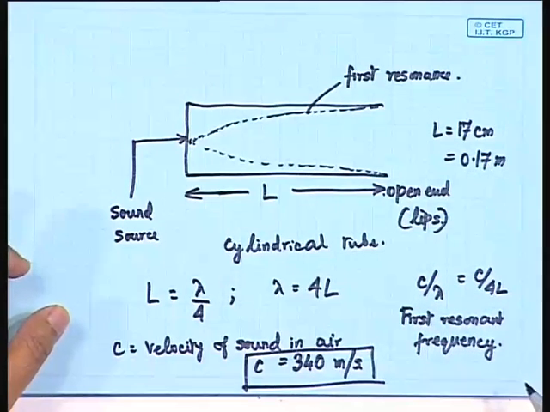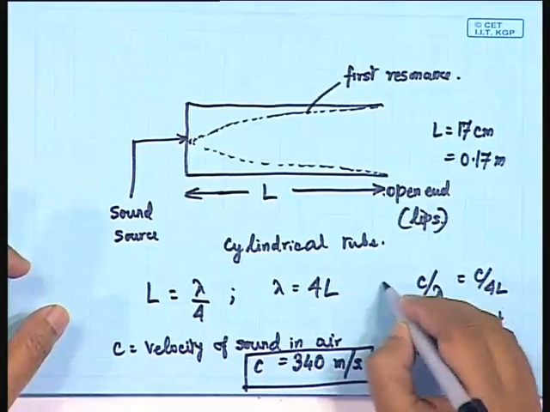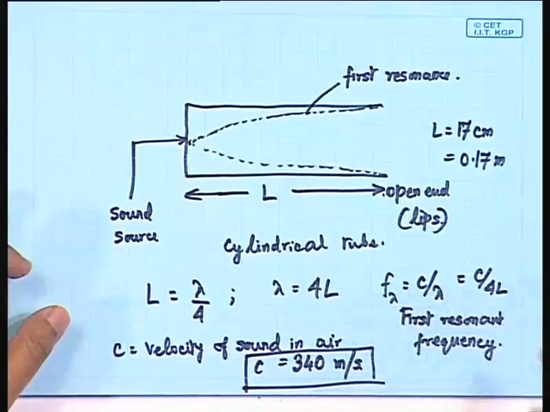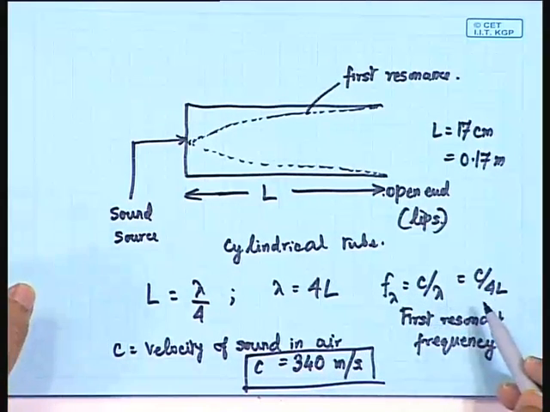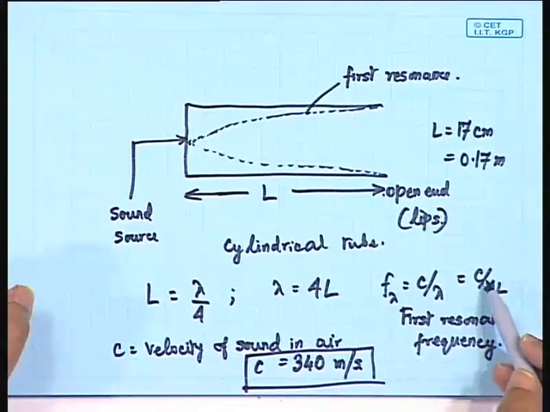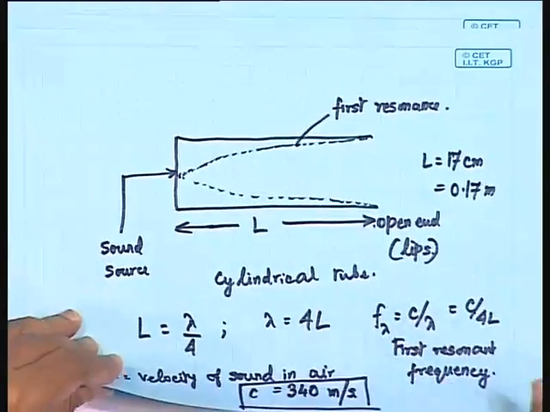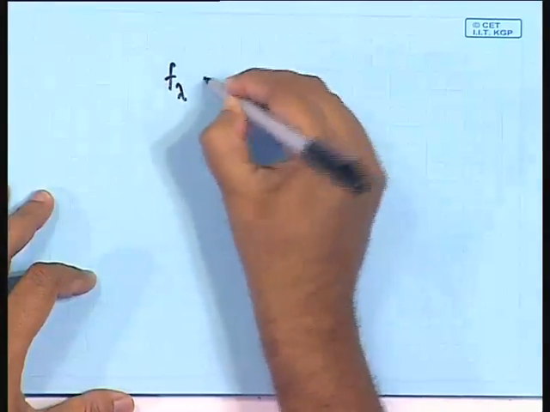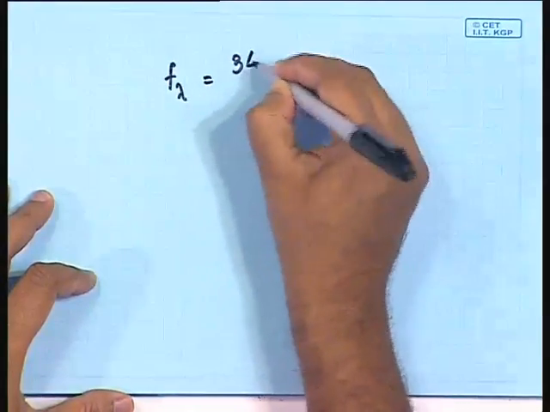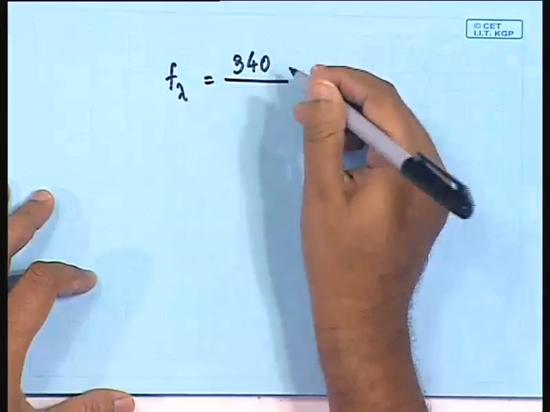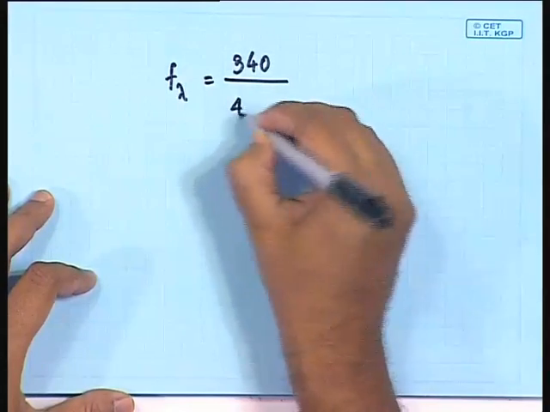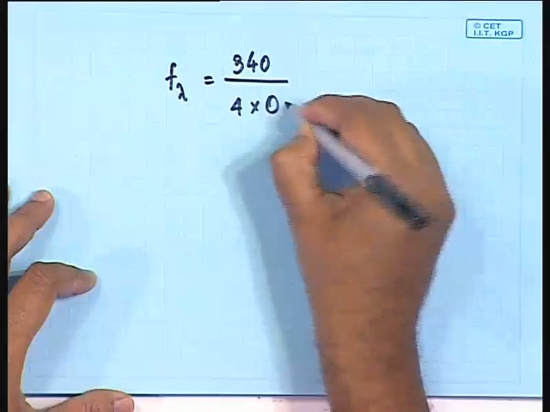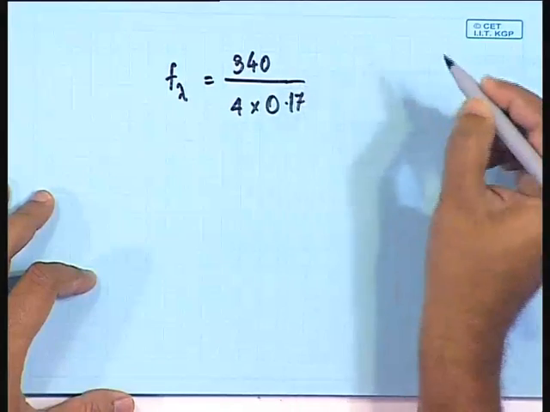If you call this the first resonant frequency f lambda, and substitute the value of 340 over here, we write f lambda as 340 meters per second divided by 4 into 0.17, expressing this also in meters.